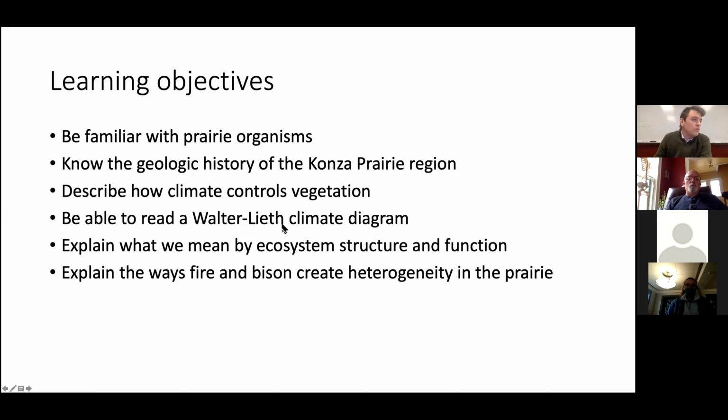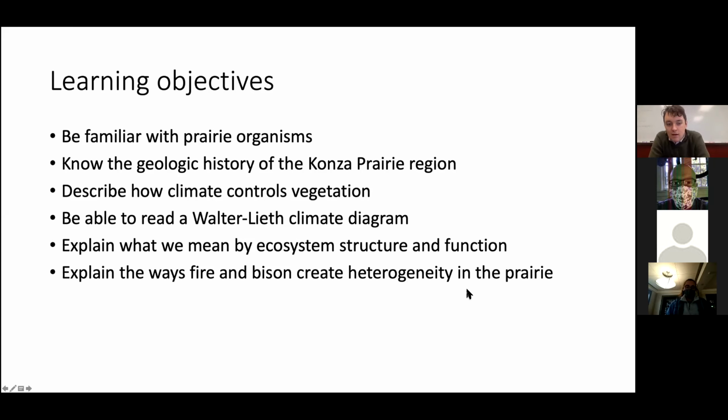As we think about climate, you'll get a good idea of how Earth's climate is controlled. We're going to introduce you to these Walter Leith climate diagrams that we'd like you to be able to read and interpret.